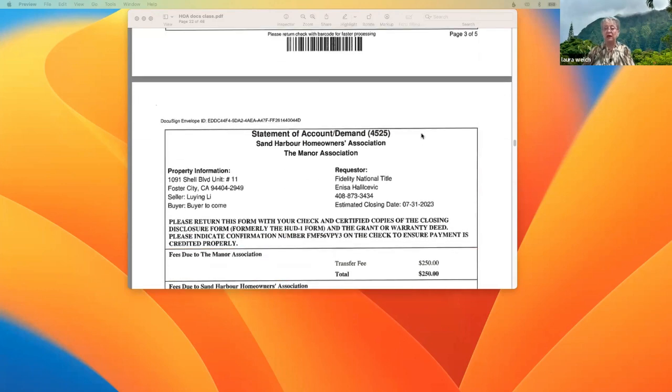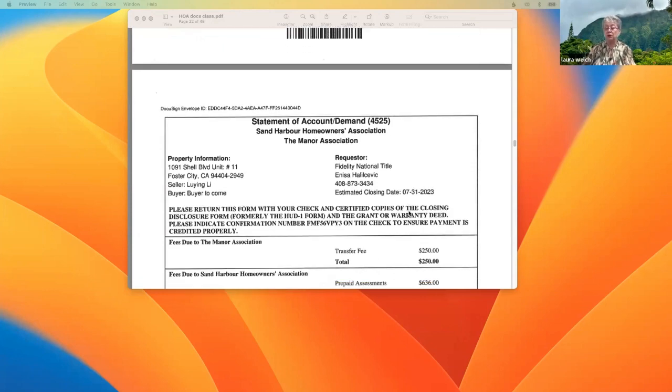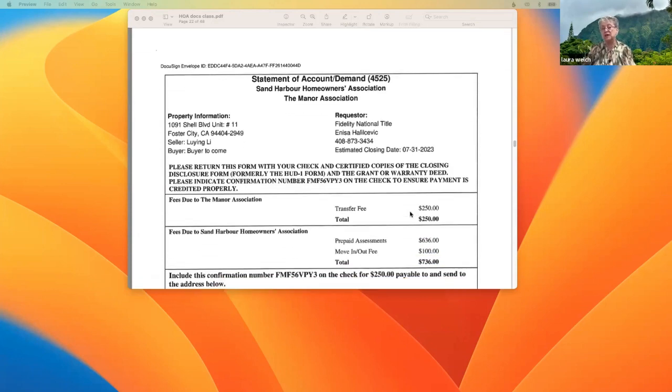Now, as the listing agent, you should be making sure that this is in the packet, so you don't get accused of holding back information, or this can cause delays in closing if you don't have all the documents. As a listing agent, you need to talk to your seller and advise them these are required by law.